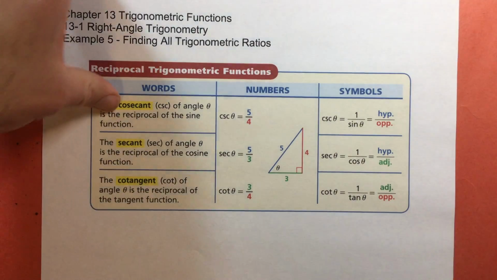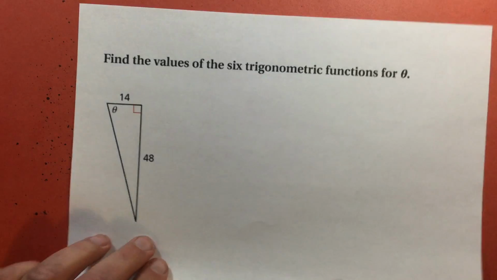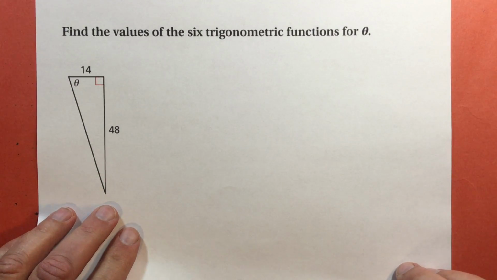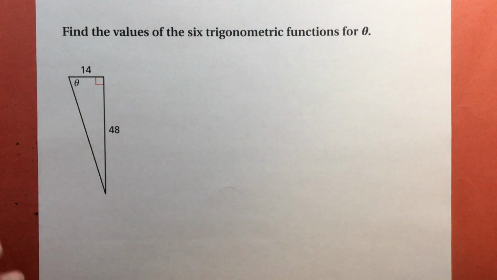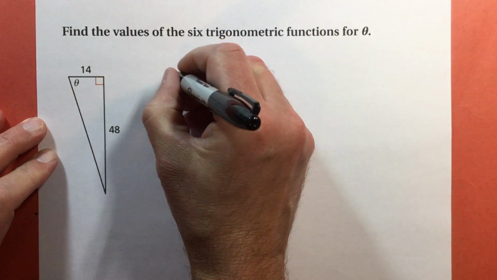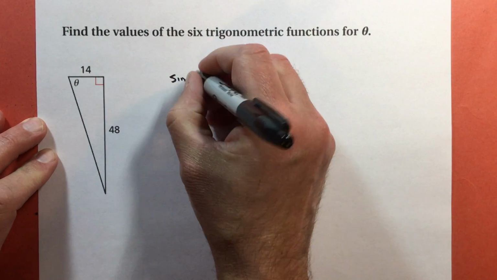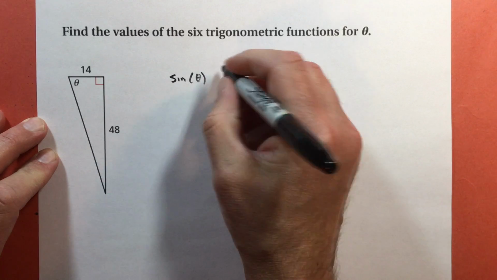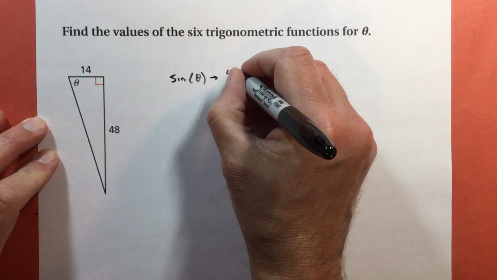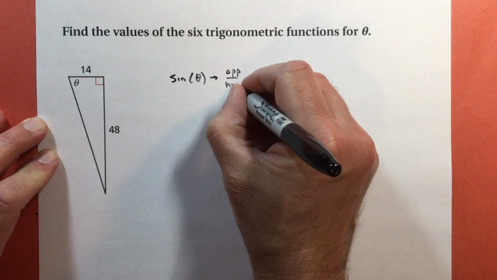All right, so we're going to do what we did except now we're going to find all 6. So I'll start by just making a list. Sine of theta, this is going to be opposite over hypotenuse.